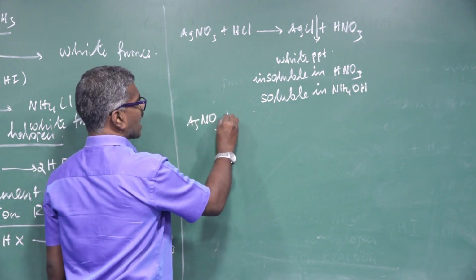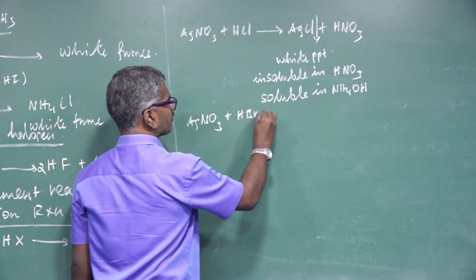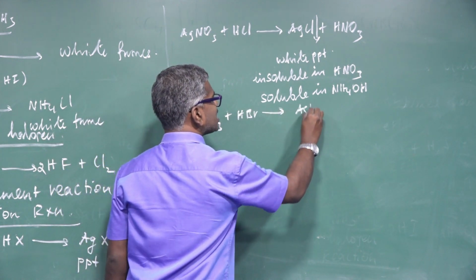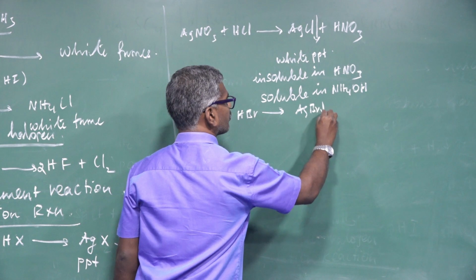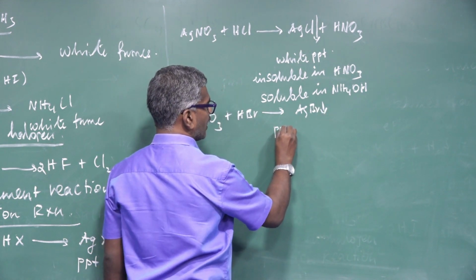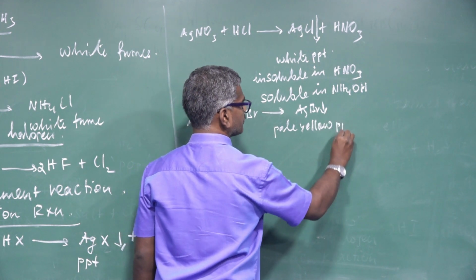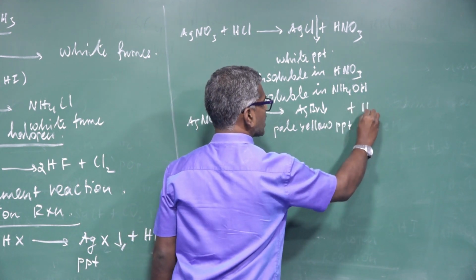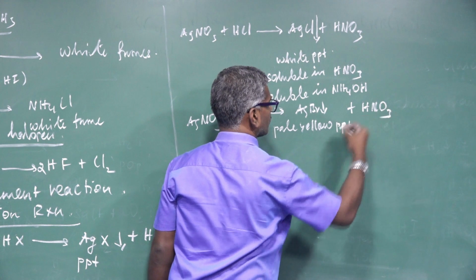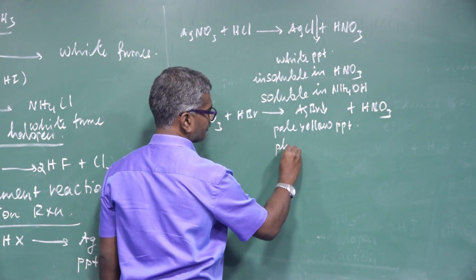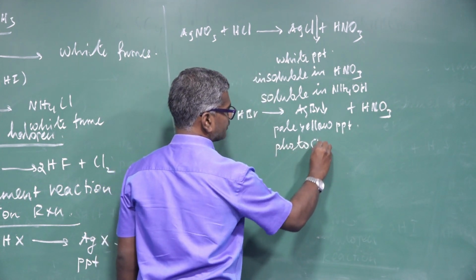Next, silver nitrate reacts with HBr to form AgBr as a pale yellow precipitate plus HNO3. This is used in photography.